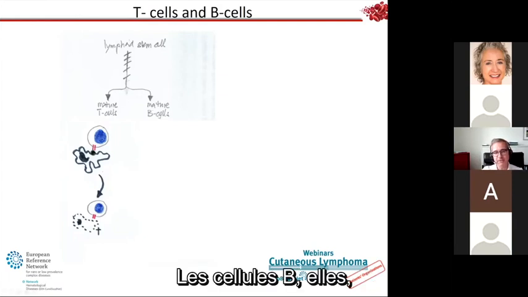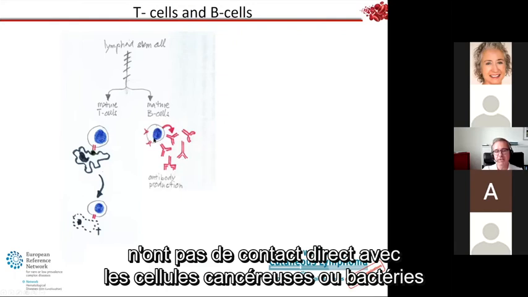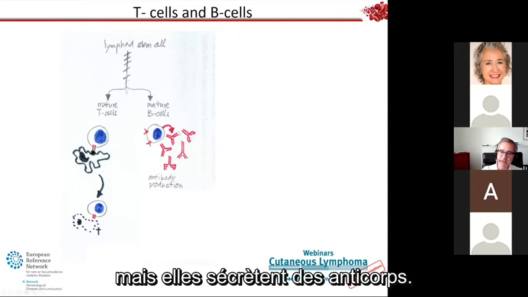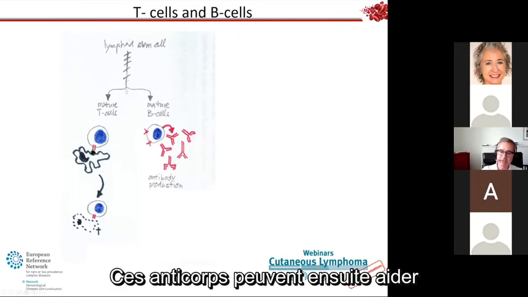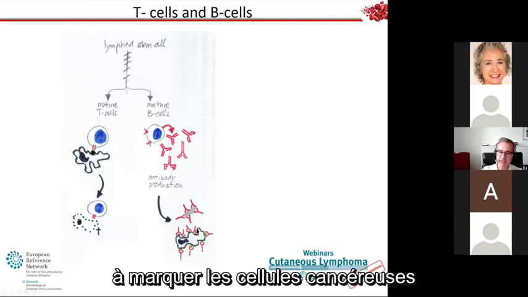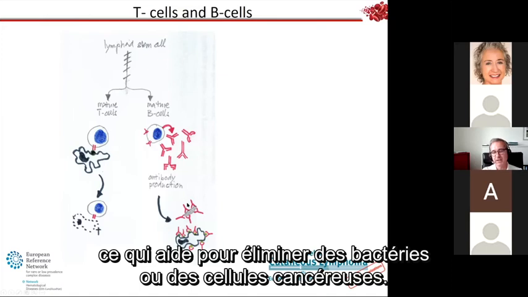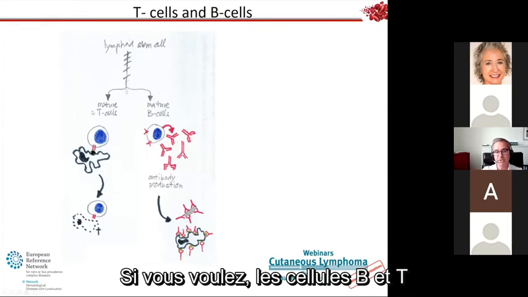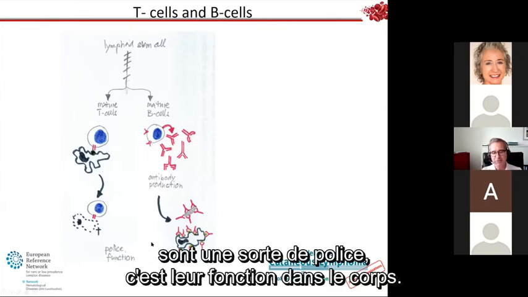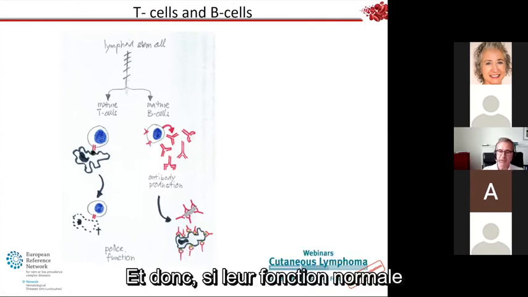The B cells, on the other side, do not have direct contact with the cancer cell or bacteria, but they secrete antibodies, and these antibodies may then help tag the cancer cell and help in killing it, or they may tag bacteria, and this tagging helps eliminate bacteria or also cancer cells. So both the B and the T cells have, if you want, a kind of police function in the body.